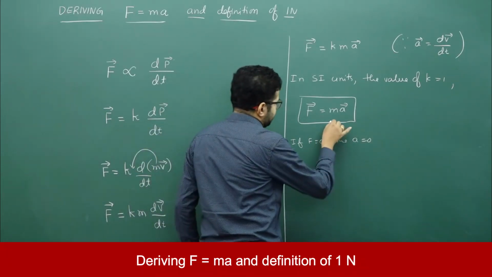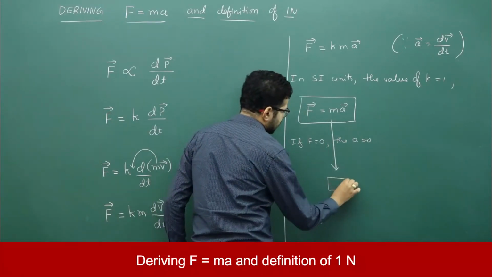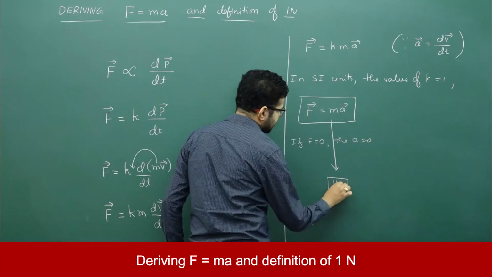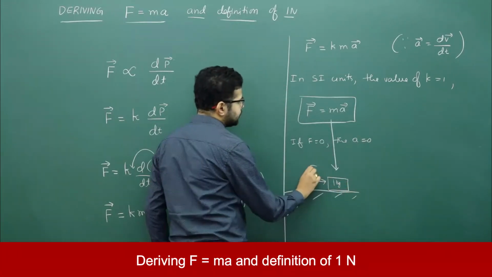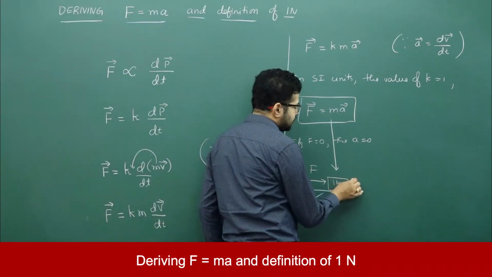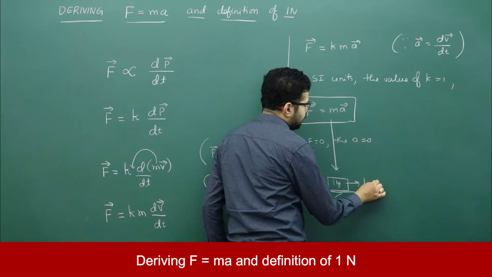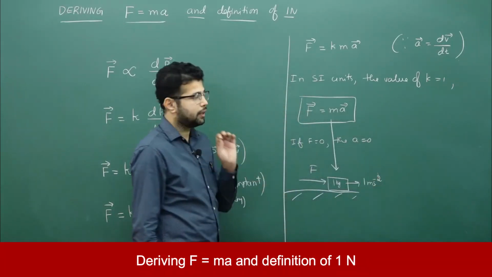Now, say there is a body of mass 1 kg, and you have applied some force, and the acceleration produced in this body is 1 meter per second square.